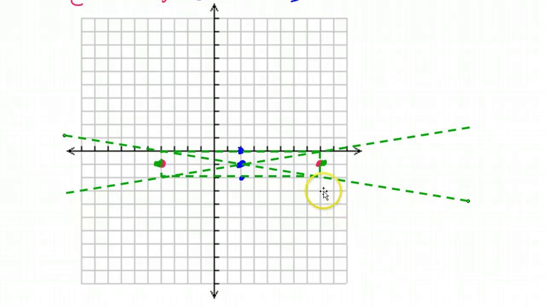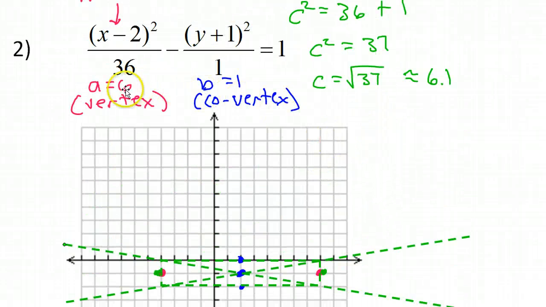So now we can see how the slope is working. So looking at the positive one, you can see that the rise is like it's up 1 and over 6. All right, it's not a coincidence that it's the A value, it's the B value and the A value. So always look for these numbers to be part of your slope. But in this case, it's up 1 over 6, rise and run.